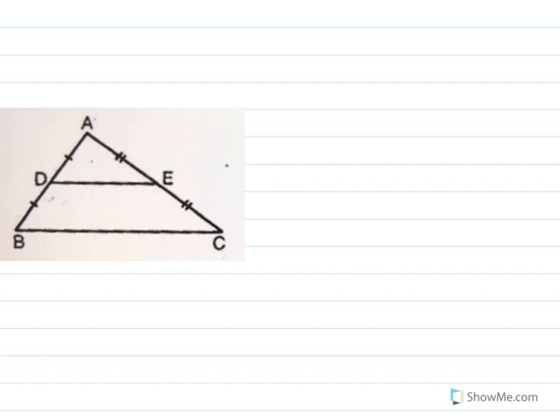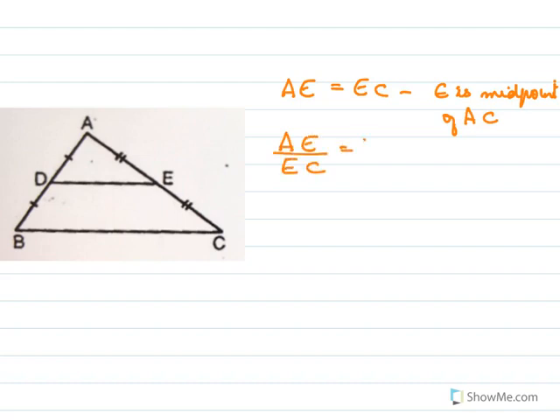This is equation 1. So next, I can say AE equal to EC, and the reason is E is the midpoint of AC, that is given to me. So AE over EC is also equal to 1.